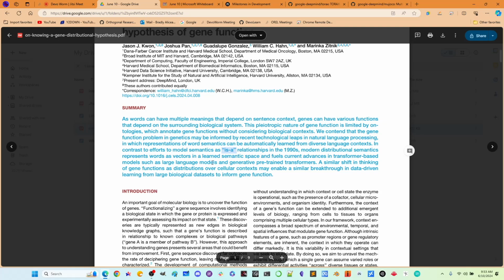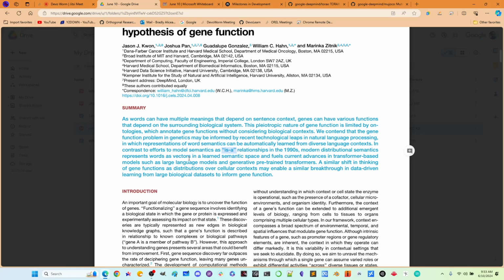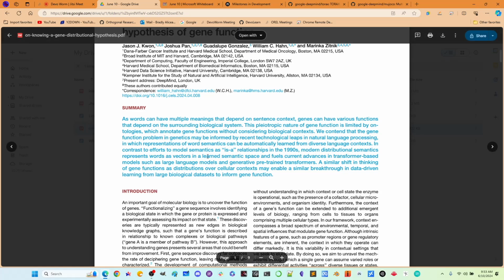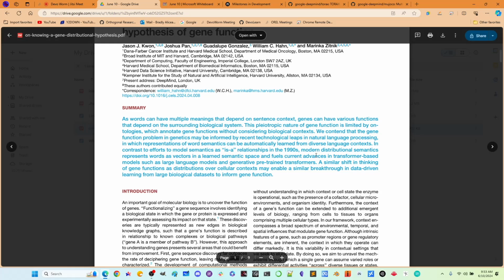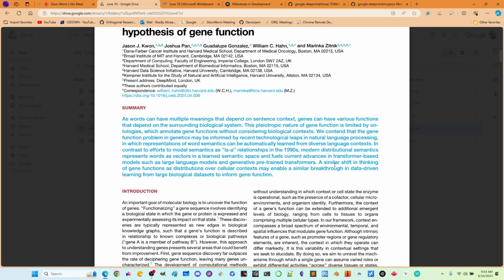You're basically representing words as vectors in a learned semantic space. And this allows us to use transformer-based models like large language models and generative pre-trained transformers. So we have these transformer-based tools now that would allow us to look at these different contexts.